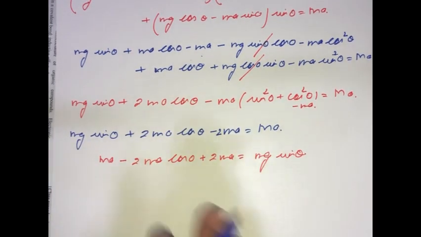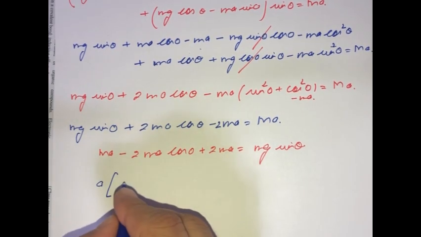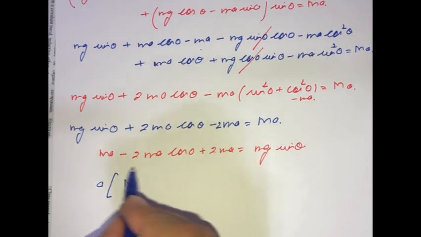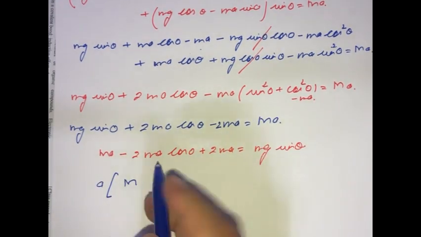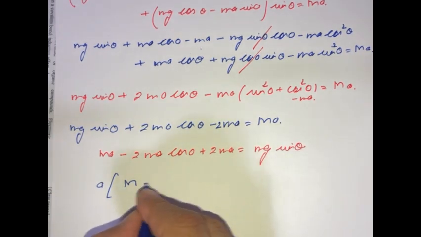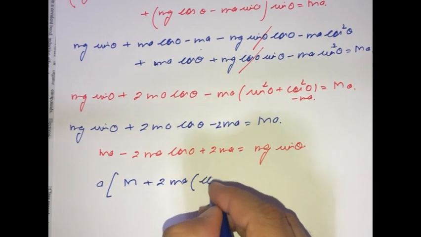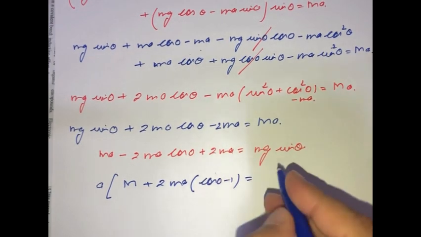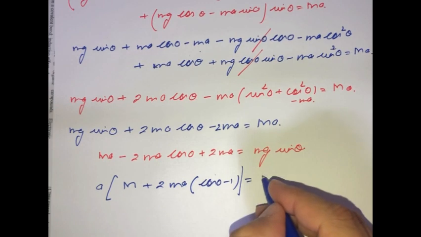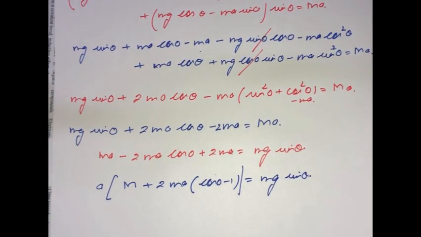Now taking a as common, we have this as capital M, and taking 2m common, so we have plus 2m, we get cos theta minus 1 is equal to mg sin of theta.